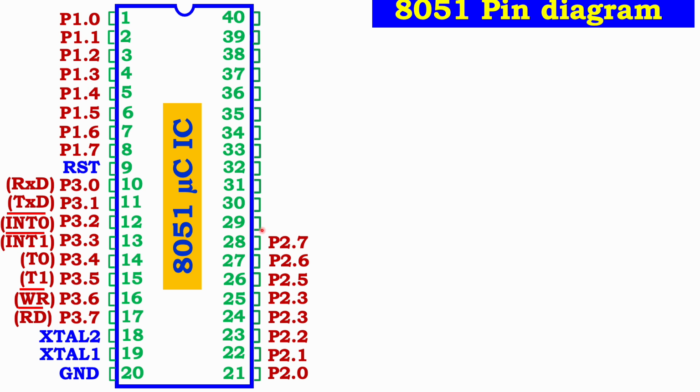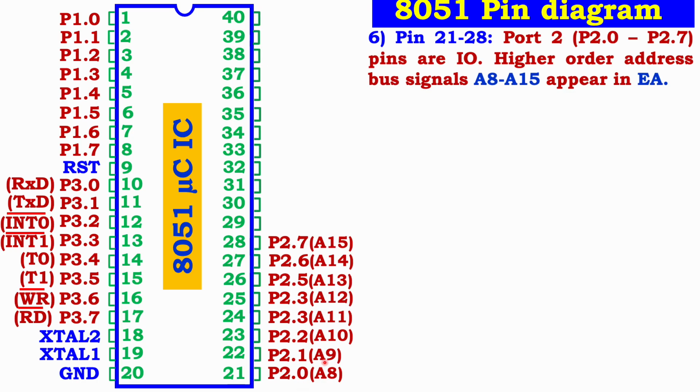There is one more port, named Port 2. Port 2 pins start from 21 to 28, all 8 bits, from bit 0 to the 7th bit. This port is used for two purposes. It can be accessed as IO, as the remaining ports are.